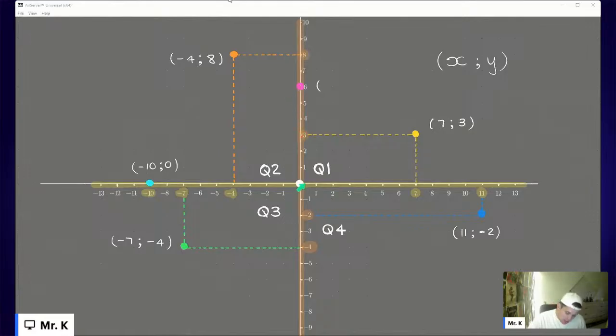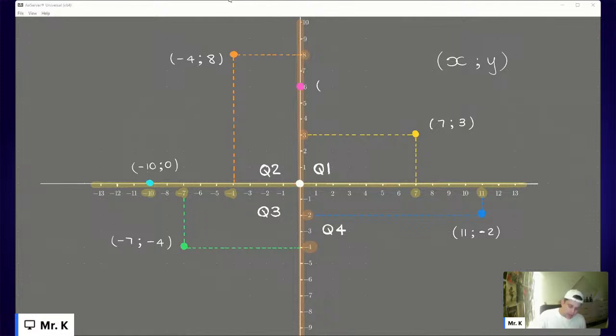What number do I line up with on my x-axis running from left to right? Well, I can see that I actually line up with 0, right? I haven't moved over to the positive numbers yet on the right, and I haven't moved over to the negative numbers on the left just yet. I'm still perfectly in line with 0. So my x value in this case is 0.